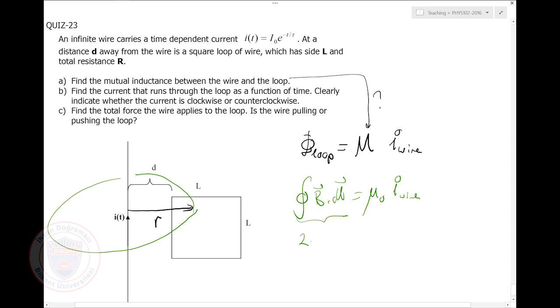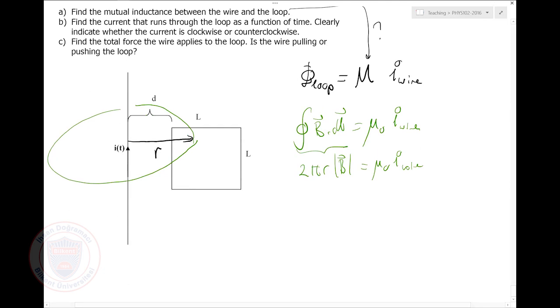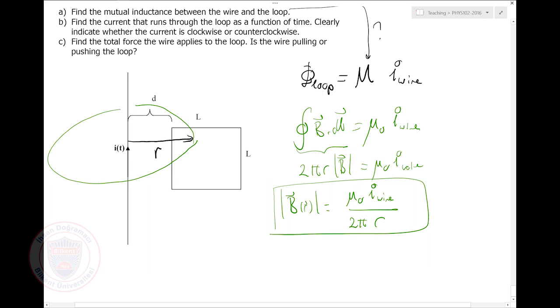So this is going to be 2 pi r times the B magnitude equals mu 0 I wire. So if I'm at distance r away from my wire, the magnitude of the magnetic field is mu 0 I wire divided by 2 pi r.